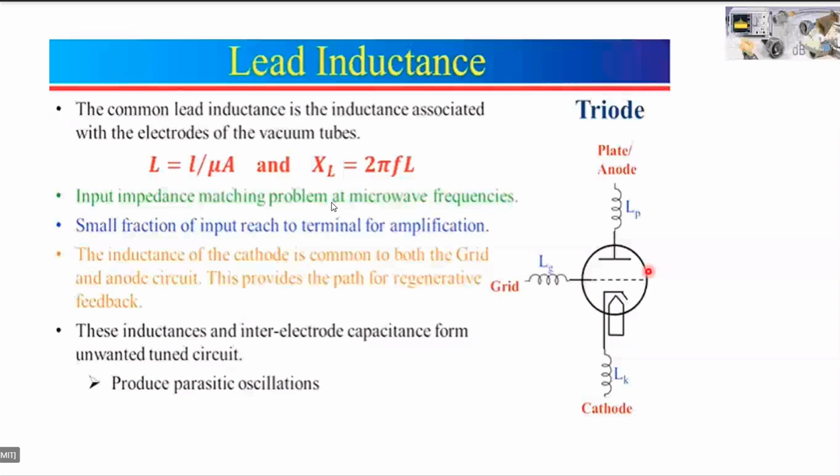These resonant circuits produce parasitic oscillations, and these parasitic oscillations will hamper the performance of the device, because it is connected in such a way that it satisfies the Barkhausen criterion, which tends to sustain the oscillation in the device. So because of this effect, again it is not feasible to use conventional tubes at microwave frequency.